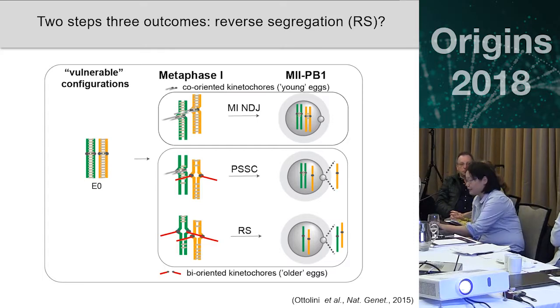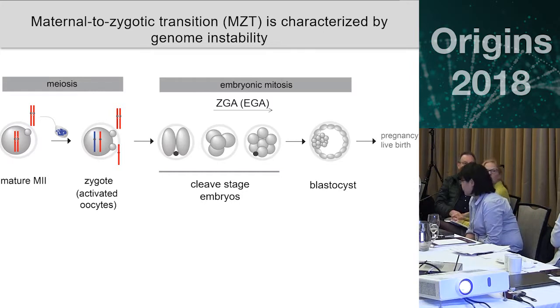I don't know if we have time, but I did want to talk about the maternal to zygotic transition, which is characterized by high levels of genome instability. That's certainly true in human IVF embryos. We've been very inspired by some of the work Yorish has been doing.